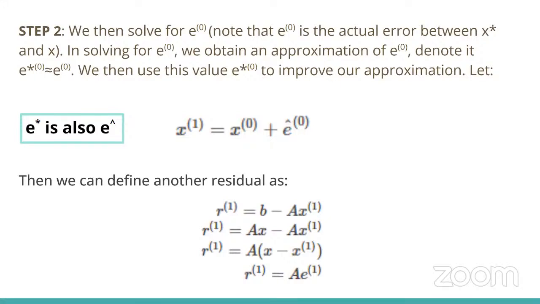So if you see E cap, just know that it's still talking about E star, which is the approximate error in this case. Then we can define another residual as, so this is still repeating the same thing. Remember the first one we did was the first residual with R naught. As we're iterating, the next one we'll look for is R1 like that. So it's still the same formula, R equals AE. This is the next one. Next slide, please.